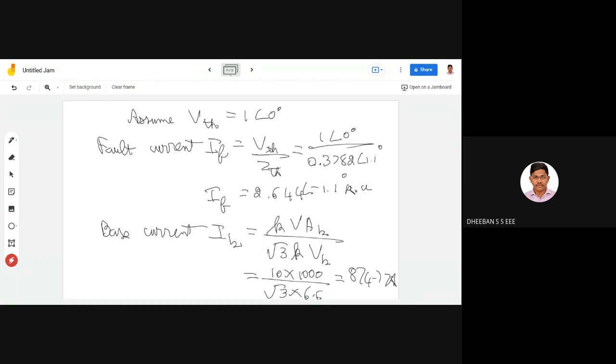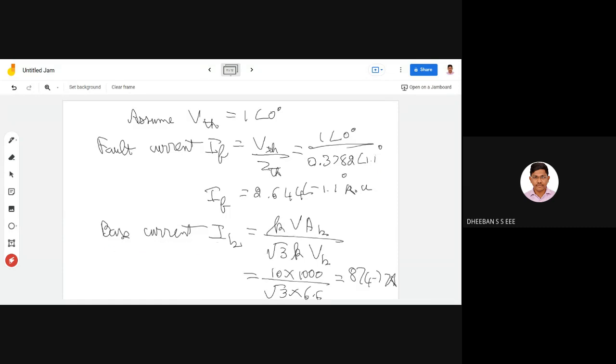So why do we have to find the base current? The fault current we have found is in terms of per unit. You have to consider the unit. The fault current we have found is in per unit representation. So in order to change from the per unit representation to the SI unit, ampere, you have to multiply this value with your base current IB.